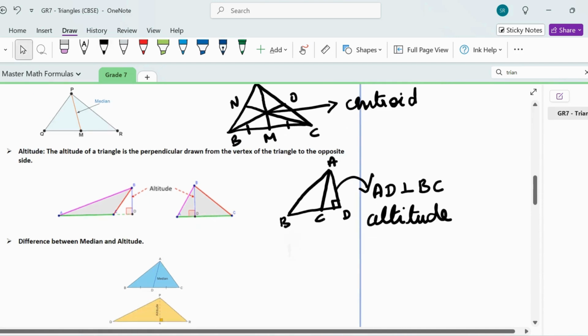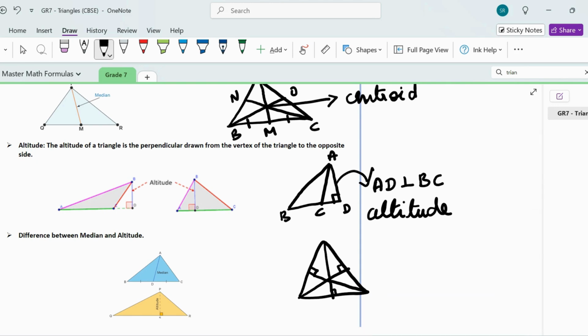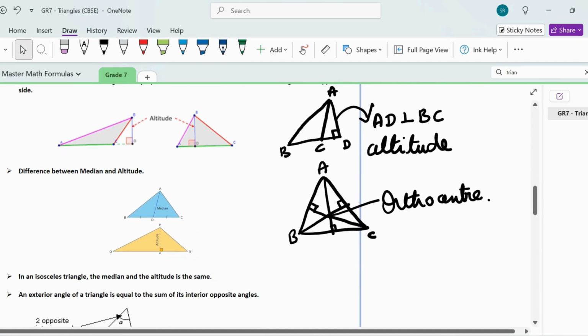Just like you have three medians in a triangle, you also have three altitudes in a triangle. 90 degrees here, 90 degrees here, and 90 degrees here. So, the point where all the three altitudes meet is called the orthocenter. Okay. So, the difference between the median and the altitude is clear.